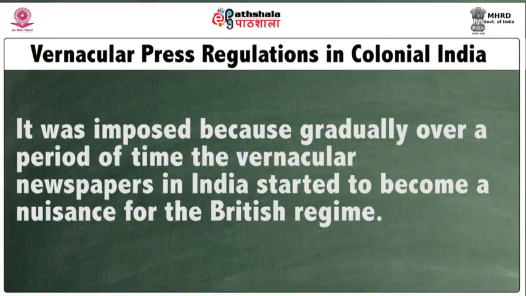The Vernacular Press Act of 1878 was one of the most prominent press regulations at that time. It was imposed because gradually, over a period of time, the vernacular newspapers in India started to become a nuisance for the British regime. For instance, Nil Darpan, a Bengali drama on the indigo cultivation, was published in 1861.